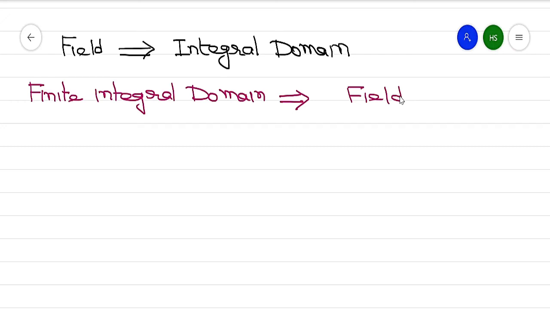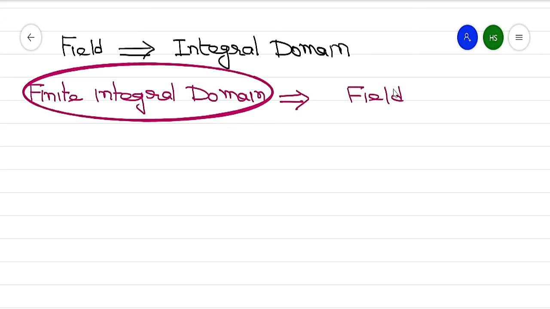So these results are very important. Remember that result at this level: every field is an integral domain, but in the converse part, a finite integral domain is a field.